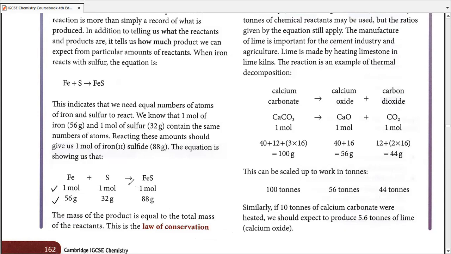Let's scale it up. If 1 mole of iron reacts with 1 mole of sulfur and produces 1 mole of iron sulfide, then 10 moles of iron and 10 moles of sulfur would produce how many moles of iron sulfide? What do you think?